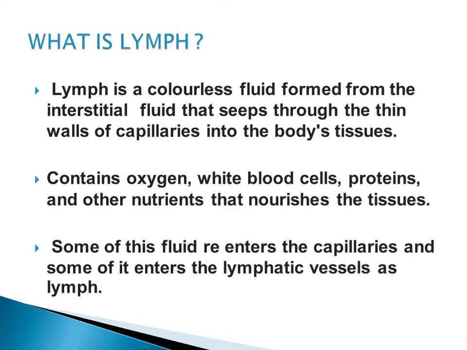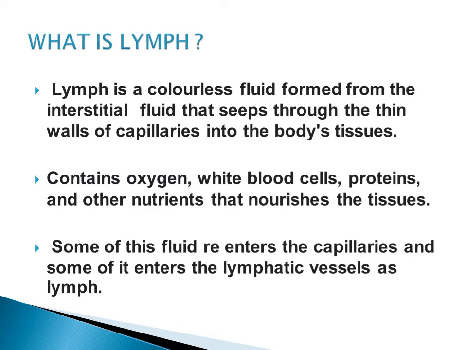So some of these nutrients and the oxygen which are present in the lymph will be nourishing and providing oxygen to the surrounding tissue, and once that work is done, some of this lymph will re-enter the capillaries, but most of it will enter another channel which is a tubular channel similar to the arterioles and venules. There is another tubular channel which is part of the circulatory system, and that is called the lymphatic vessels.